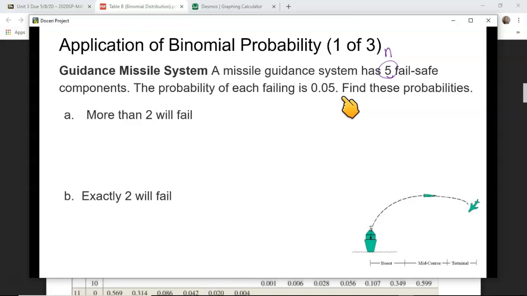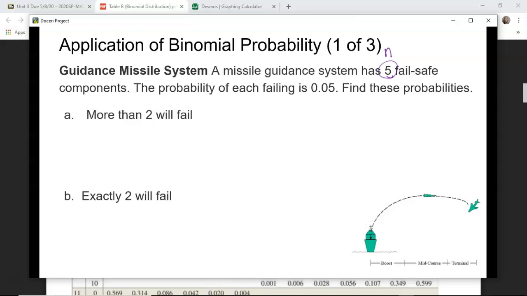And so this satisfies that binomial setting, because for one, there are 2 outcomes. They either will fail or they won't fail. So that's 2 outcomes. There's a fixed number of trials. There's only 5 components. There's not an infinite number of components in this missile guidance system. The probability of each component failing is the same, and the components should be independent of each other. So this satisfies those 4 conditions.